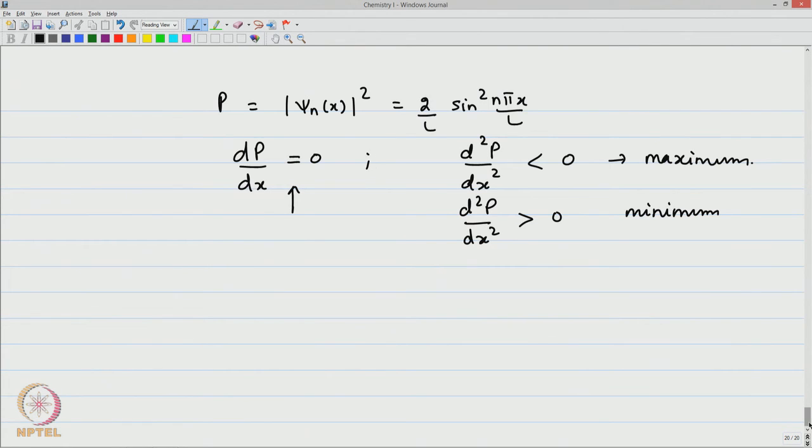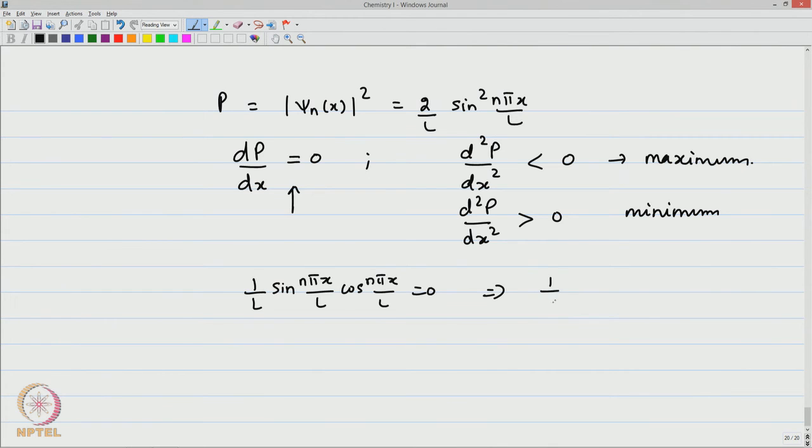So, you take the derivative of this. The derivative dp by dx is equal to 0 gives 1 by L sine n pi x by L cos n pi x by L, and that should be equal to 0.